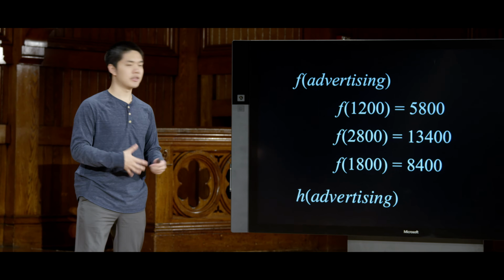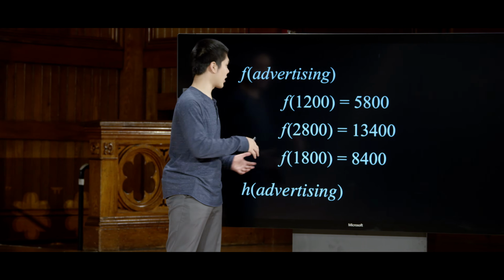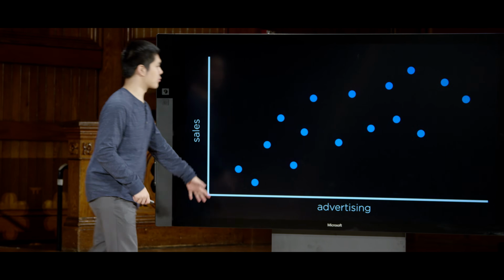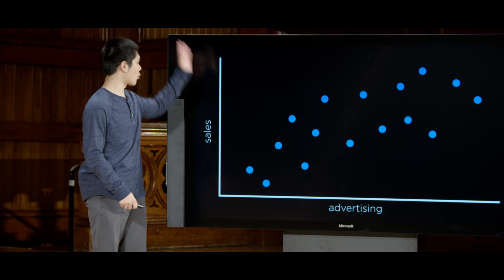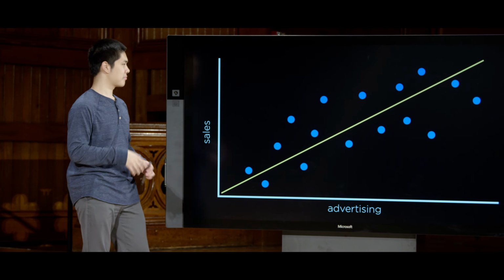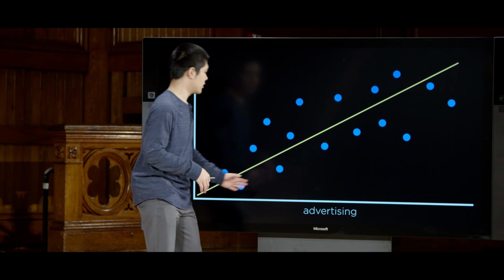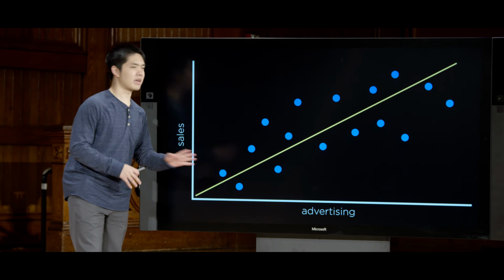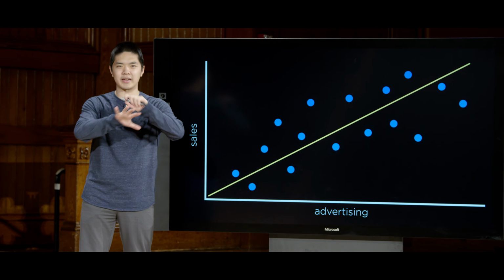And so again, the approach to solving this type of problem, we could try using a linear regression type approach where we take this data and we just plot it. On the x-axis, we have advertising dollars spent. On the y-axis, we have sales. And we might just want to try and draw a line that does a pretty good job of trying to estimate this relationship between advertising and sales. And in this case, unlike before, we're not trying to separate the data points into discrete categories.